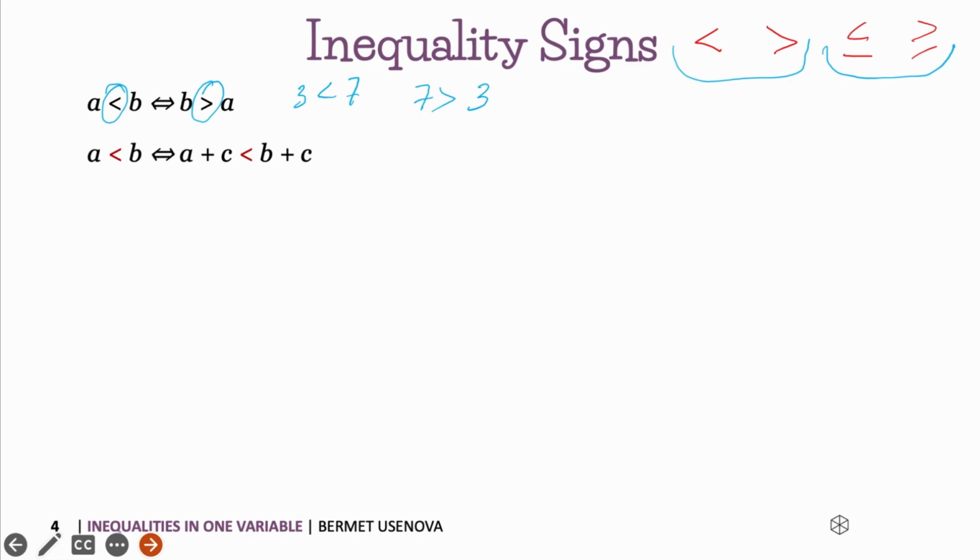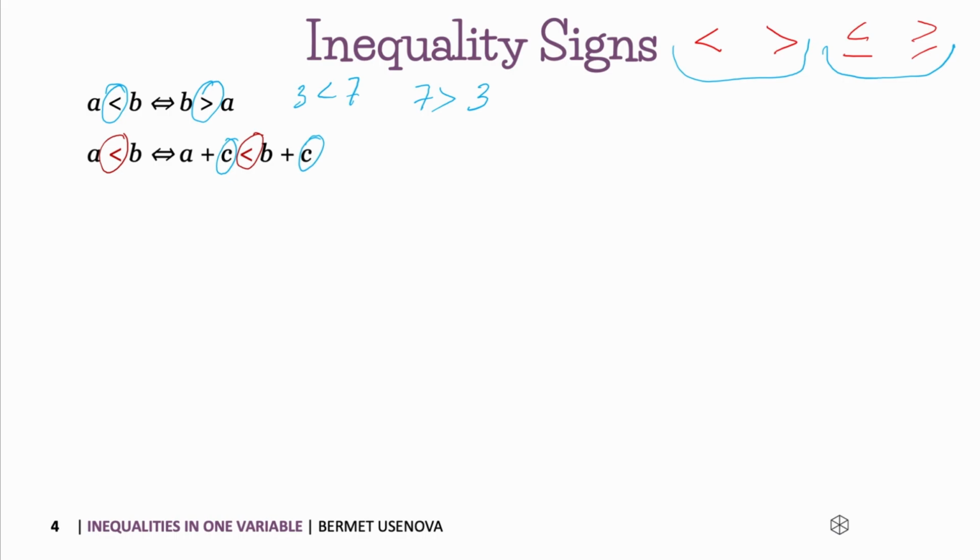The next rule: if we add a number to both sides of an inequality, then the sign remains the same. Any number, positive or negative. If any number, positive or negative, is added to both sides of an inequality, the inequality sign remains unchanged.